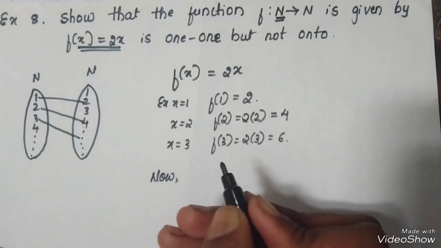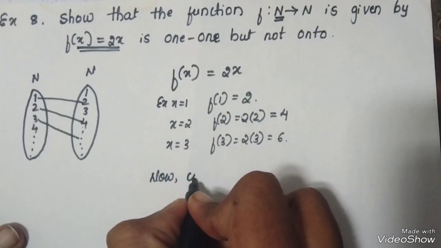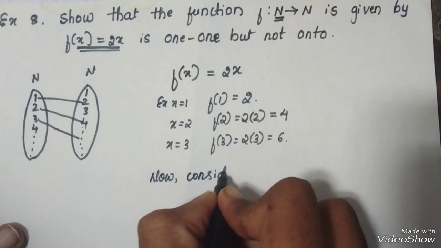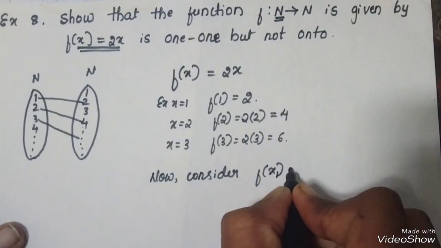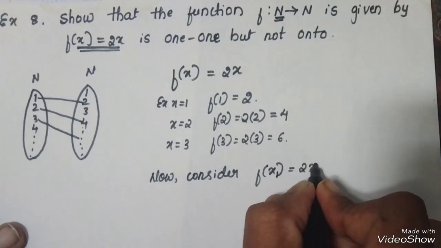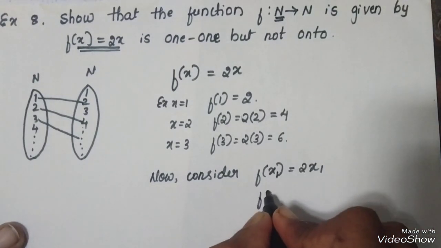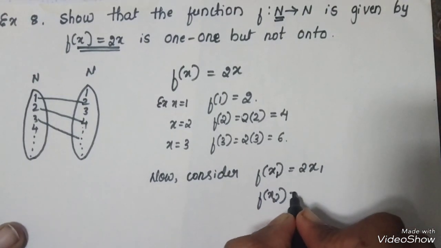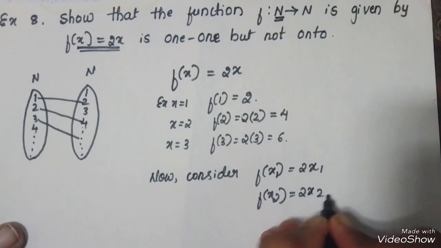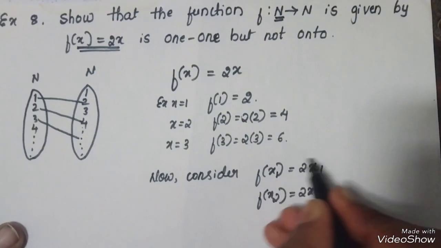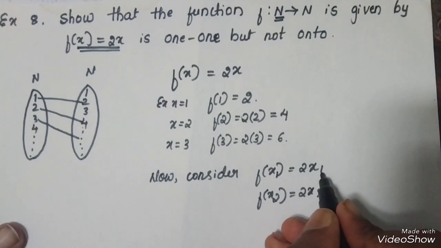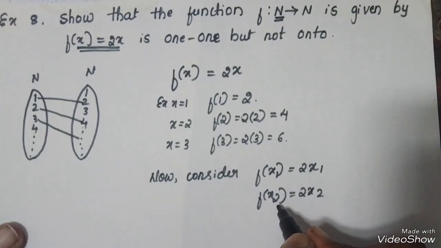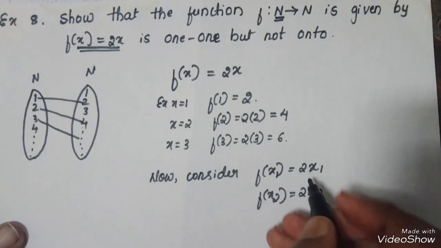Now, for the writing part, consider f of x1 equals 2x1 and f of x2 equals 2x2. For the x value x1 we get 2x1, and for x2 we get 2x2.